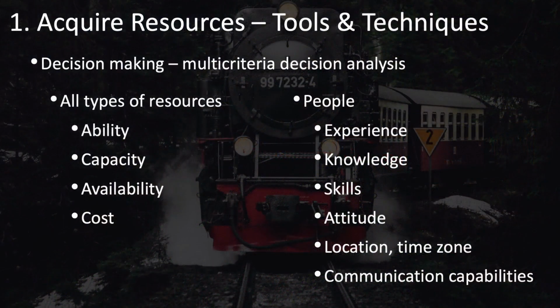Deciding which resources to acquire for your project can be a complex process. You won't usually find just the right resources available at just the right times and at the right price. To help you make these decisions, you can use multi-criteria decision analysis.